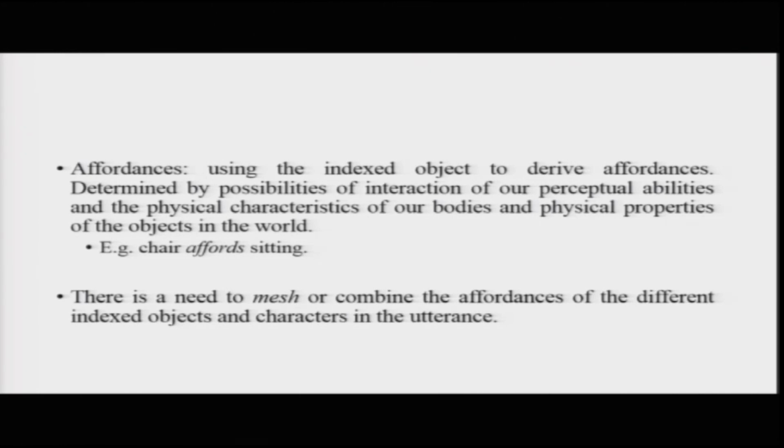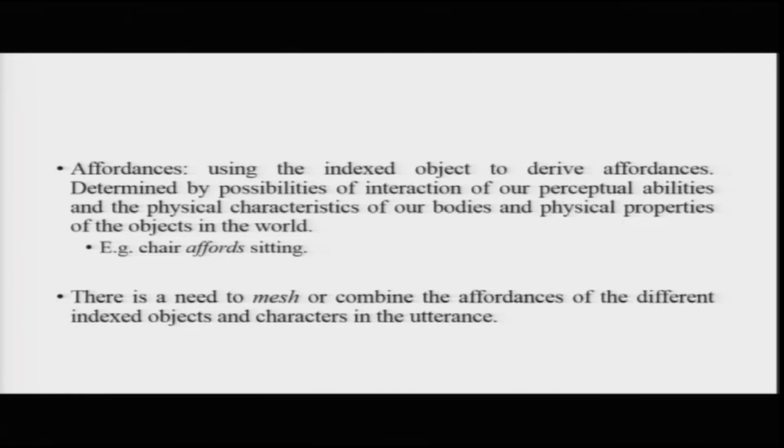Say for example, a chair affords sitting. When I look at a chair, I know that I can sit on that chair. Partly it is because I am seeing the chair and judging from its physical characteristics. Second, I know what sitting is. Both things. The combination of this is called judging affordances. So first was indexing, second was affordances.